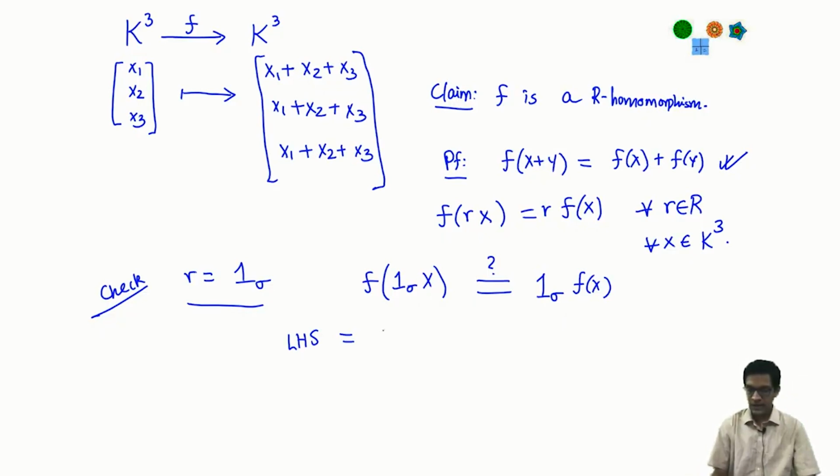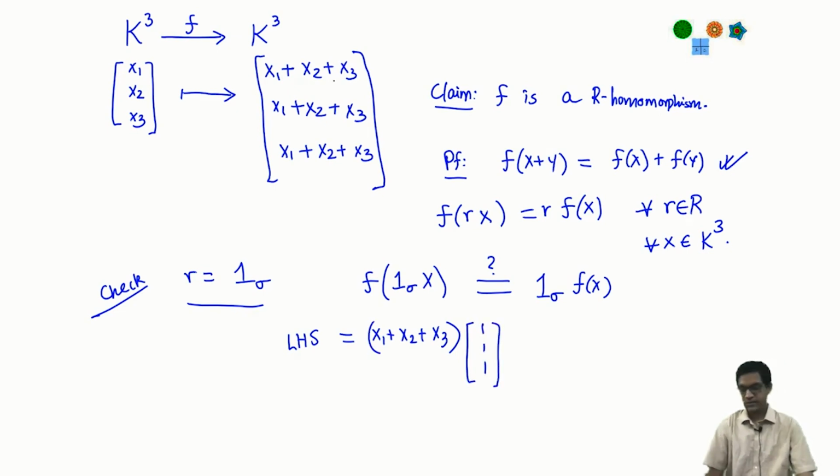So the left hand side is x sigma inverse 1 plus x sigma inverse 2 plus x sigma inverse 3 in each component, but that's the same as just saying it's the sum x1 plus x2 plus x3 multiplied by the vector 1, 1, 1. That's the same as this function f. So I can compute it like this.